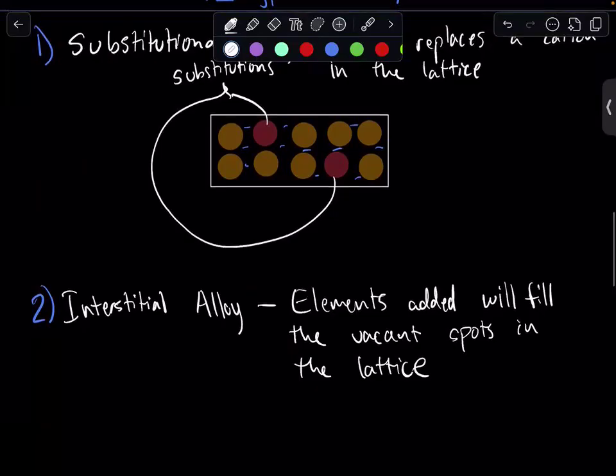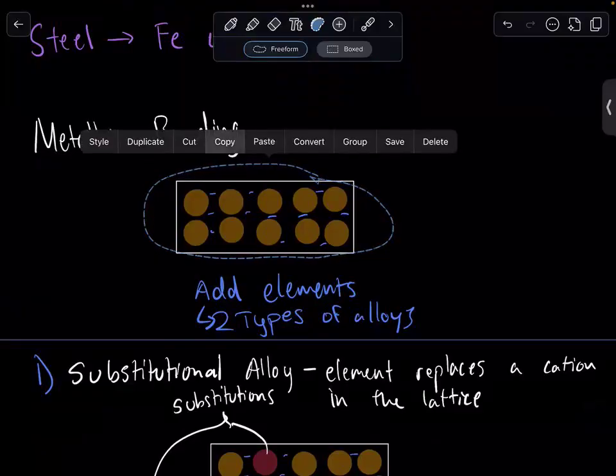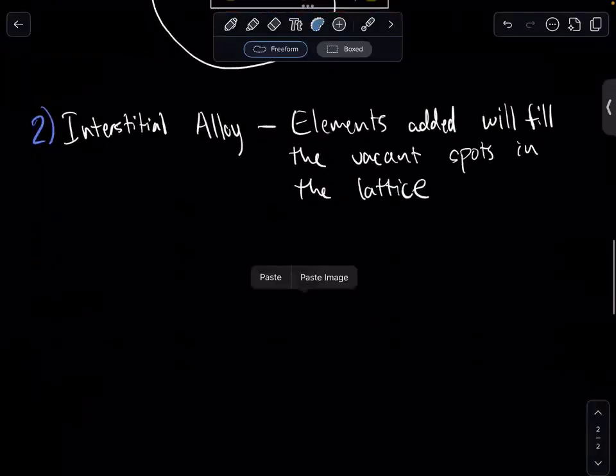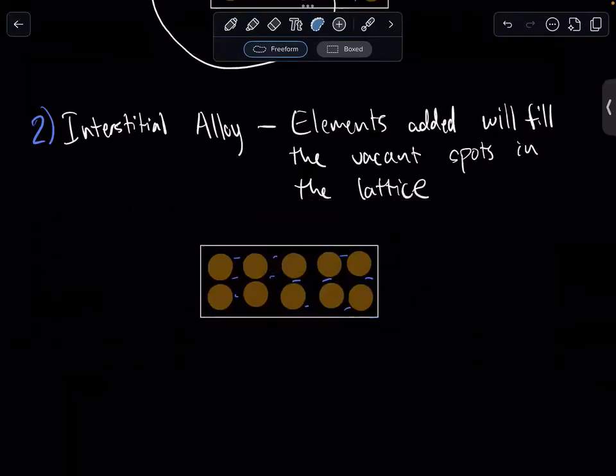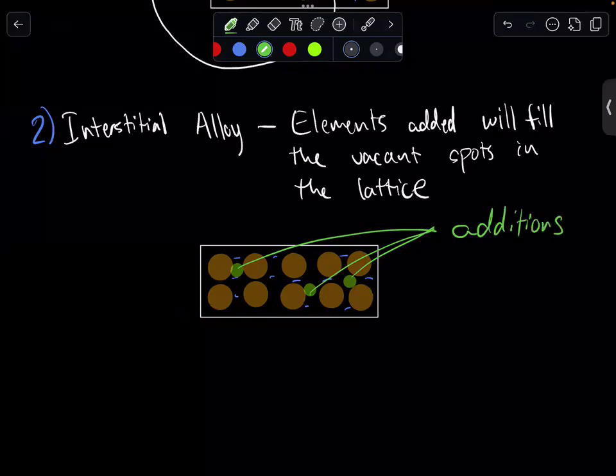So we can take our same original metal lattice right here and we'll plop it back. And now we're going to likely get these additions. In this example, we have a couple added elements. So these are what we call additions. And they're inside the metal matrix, inside that lattice.